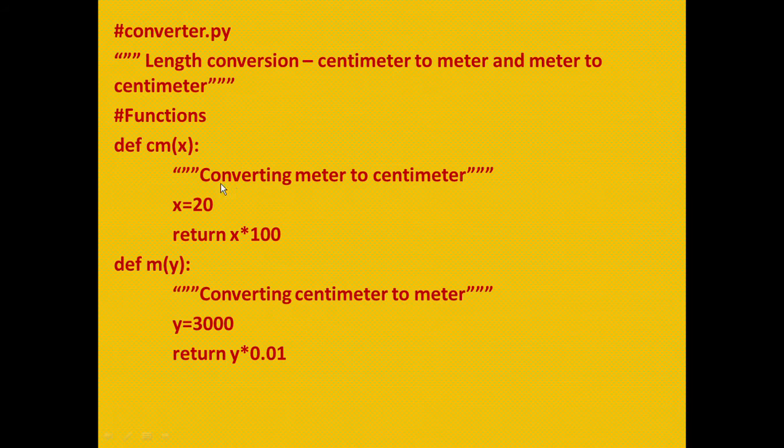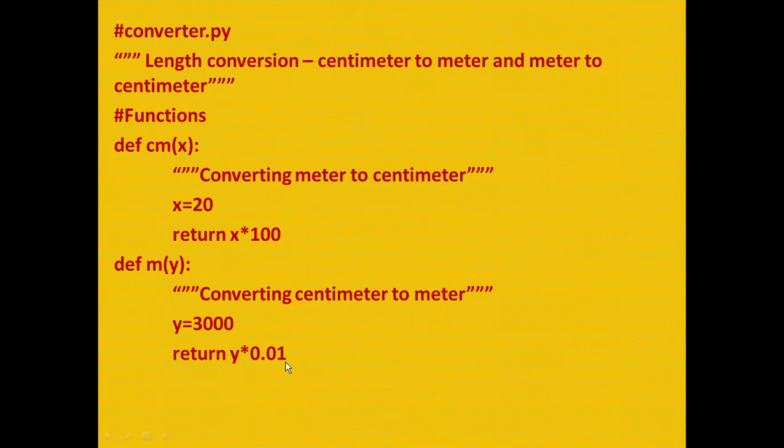Under it another docstring is given, converting meter to centimeter. And one value is assigned to x and the return statement x star 100. The next function header, def m of y colon, another docstring within this function, converting centimeter to meter, and one value is given to a variable y and return y star 0.01.